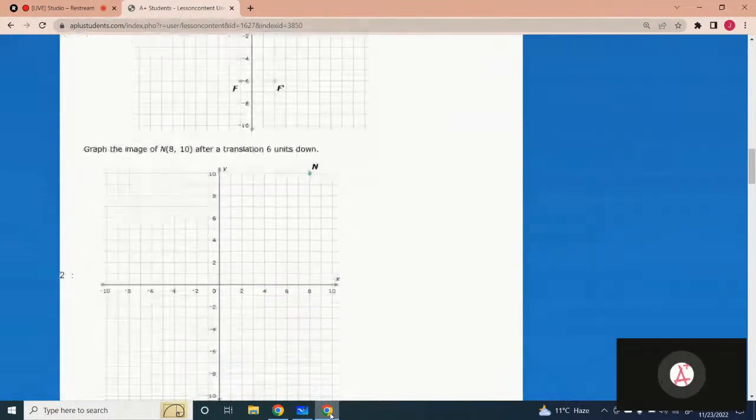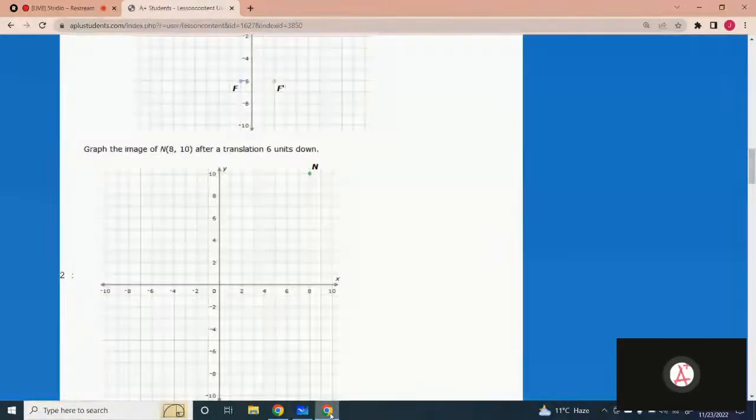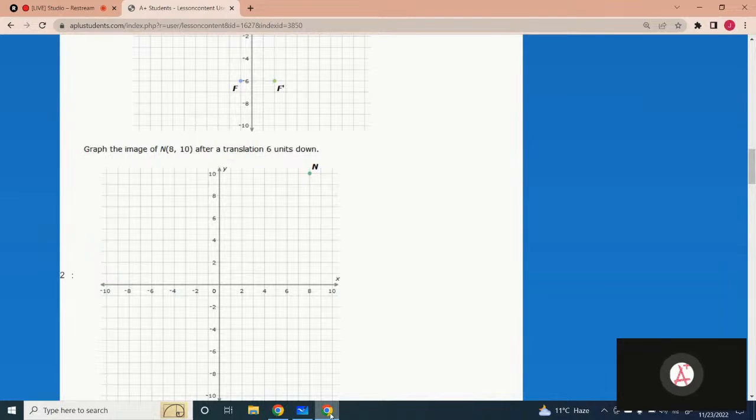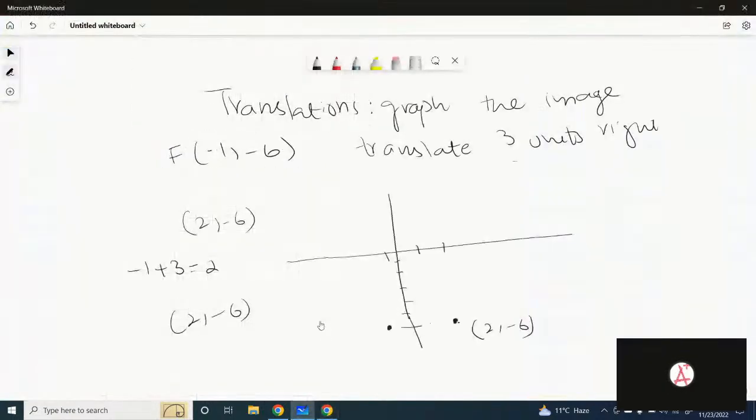Okay, the next one is graph the image of (8, 10) after a translation 6 units down. You have to move down. Down means you have to subtract 6 from the y-coordinate. Got it? Because when you move up and down, the value of the y-coordinate changes. So 8, 10 moved 6 units down.